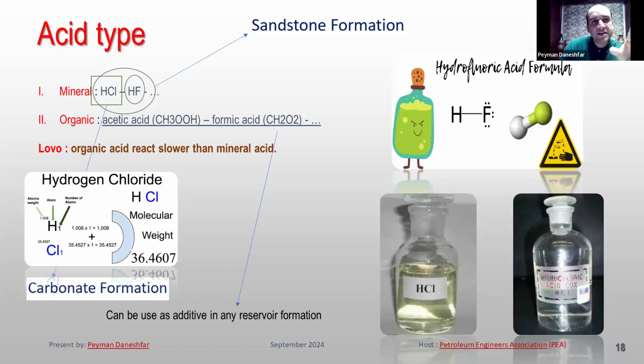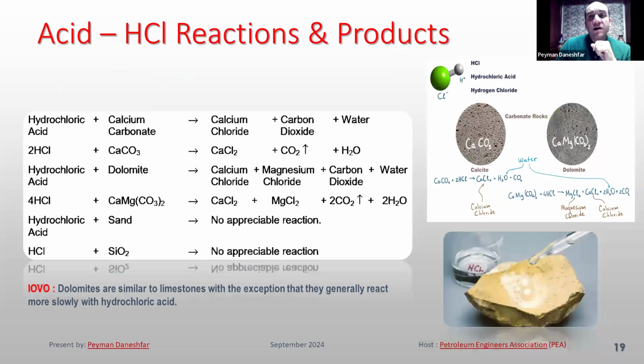Please keep in your mind the molecular weight of HCl and also HF acid. These are very important because we should know about the HCl reactions with the formations and what the product of this reaction is.